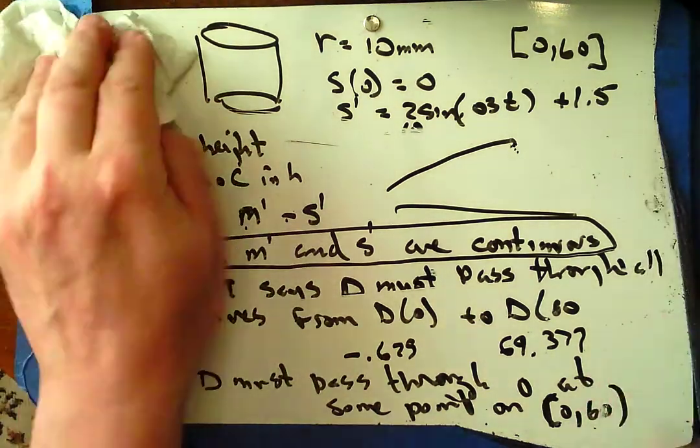Problem number 3. Number 3 says there's no snow in Jane's driveway at the beginning. Great.